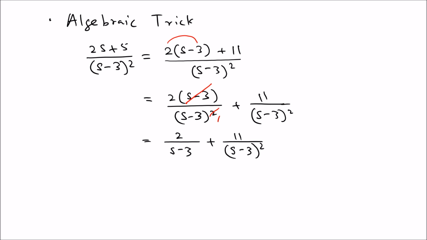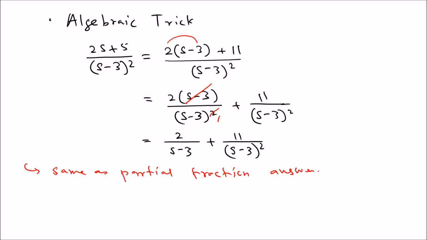So you can see that you get the answer much faster, and that this is the exact same thing that you get from partial fraction. Same as the partial fraction answer.